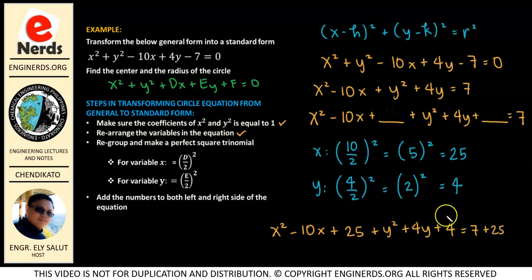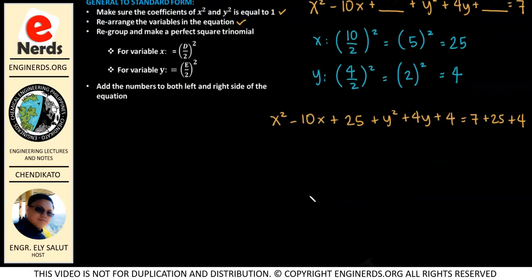And then we added 4 here, so we're going to add 4 also sa right side ng ating equation. Okay, so now, we have here x squared minus 10x plus 25 plus y squared plus 4y plus 4 is equal to 7 plus 25 plus 4, which is equal to 36.